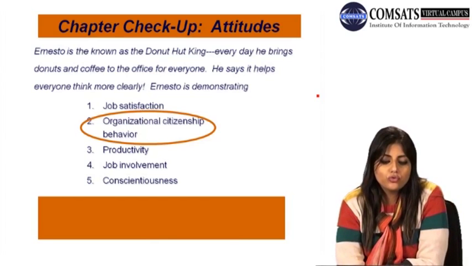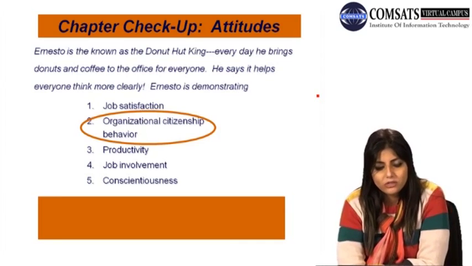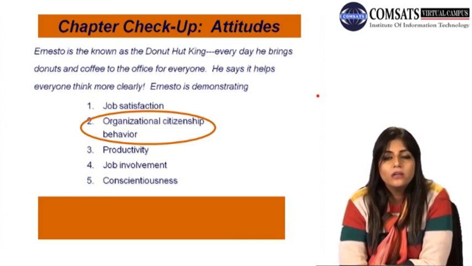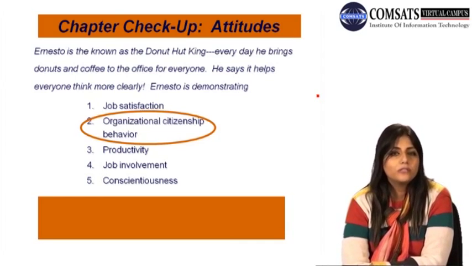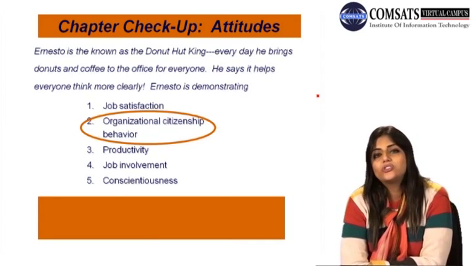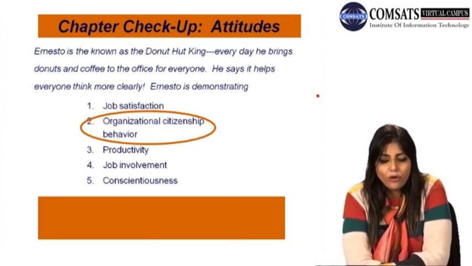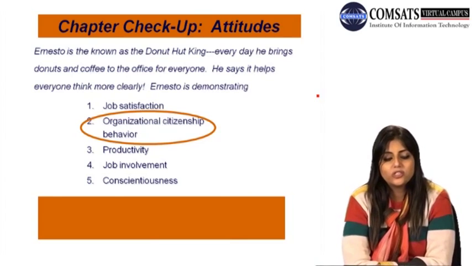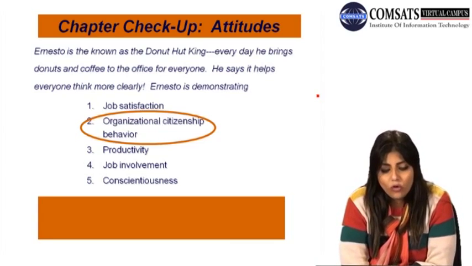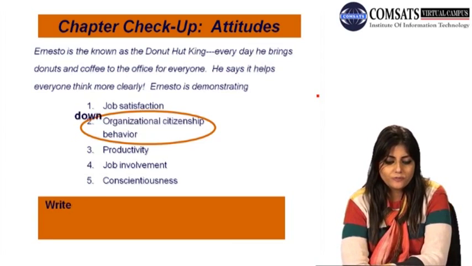It should be easier for you to see why the answer is organizational citizenship behavior, because what he's doing is bringing something to his office which is not part of his task and not part of his job description. He's just doing it out of his way, an extra role behavior that he's performing, therefore it is organizational citizenship behavior. Of course, it's not depicting his productivity, his job involvement, his conscientiousness, or job satisfaction.